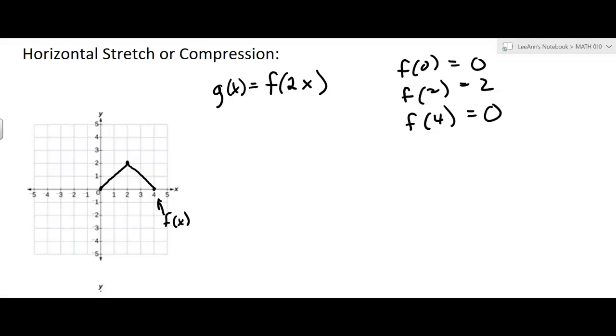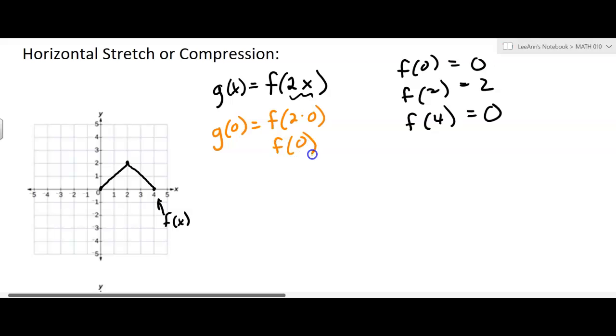So if I want to have f of 0, what would x have to be? 0, right? So g of 0 would be f of 2 times 0, which is f of 0, which is 0, because we know that from there. So that point is the same.